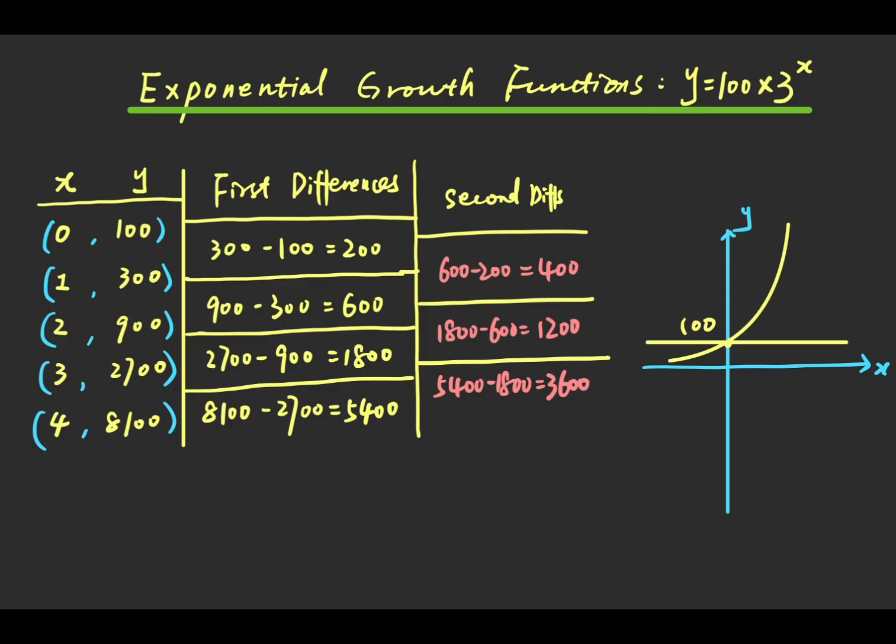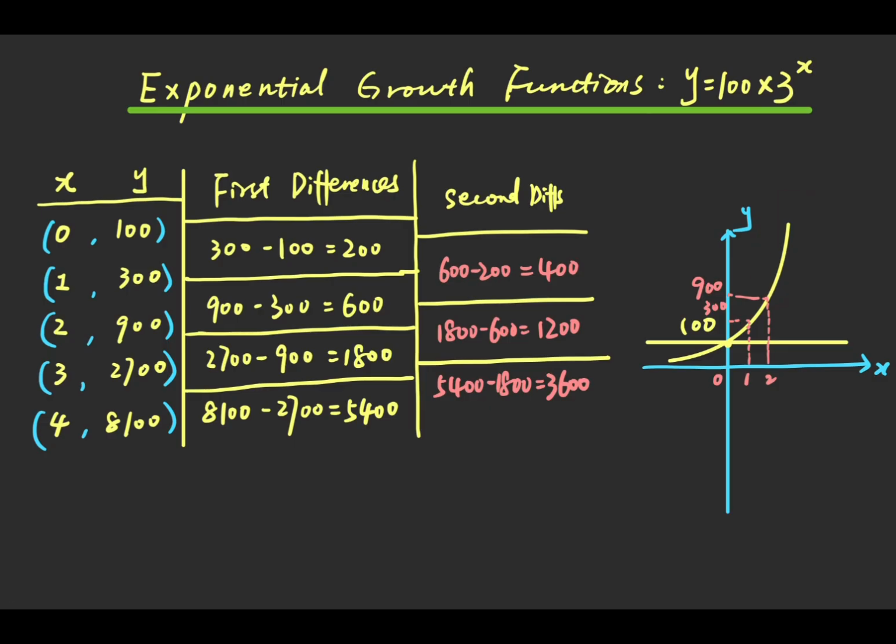Okay, if we locate this point, it is 1, so the corresponding y-coordinate will be 300. If we locate this point 2, the corresponding y-coordinate should be 900, and go on. You will be able to locate the corresponding points in the Cartesian plane. All right, but you will find out this is an increasing function. So the graph comes from quadrant 2 and ends in quadrant 1.